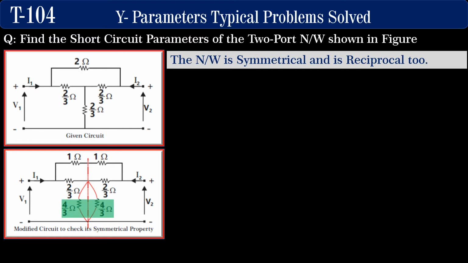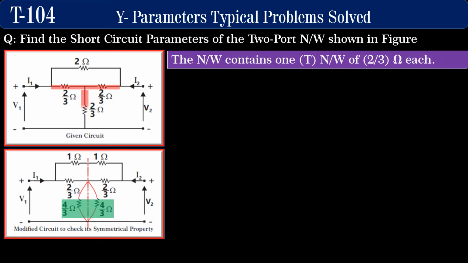But before we start solving, if it is possible to reduce the network, we should reduce. In that respect, if you examine the given network, you find that there is a star network of 2 by 3 ohm resistances each. So let us convert the star into delta.